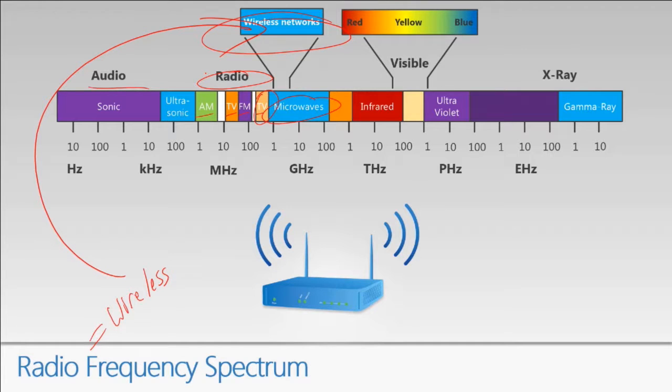All of these signals can be broadcasted without the physical presence of wires. So by definition, they all are wireless signals, but they're not wireless network signals. So just keep that in mind. You've got ultraviolet, and then of course, if you want to turn into the Incredible Hulk, we've got the gamma rays. So radio frequency signals are used by wireless networks.